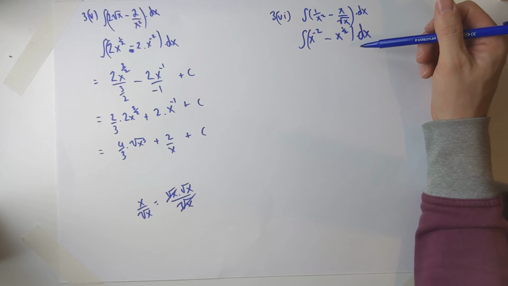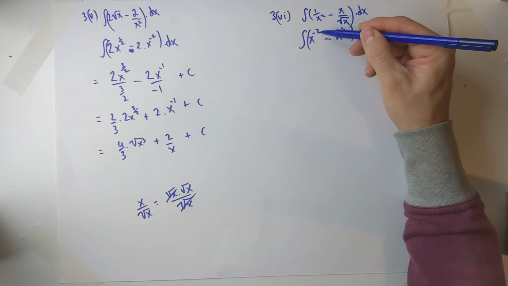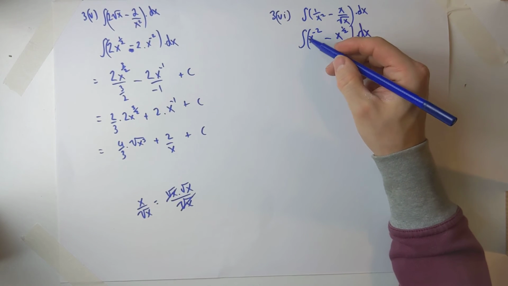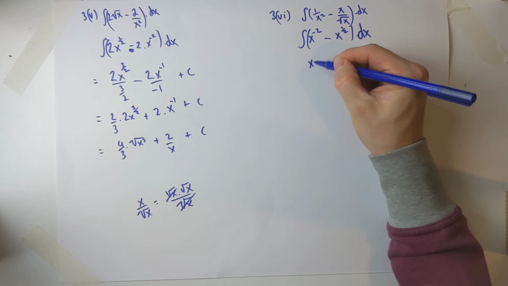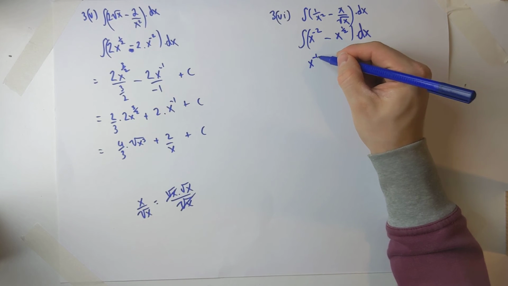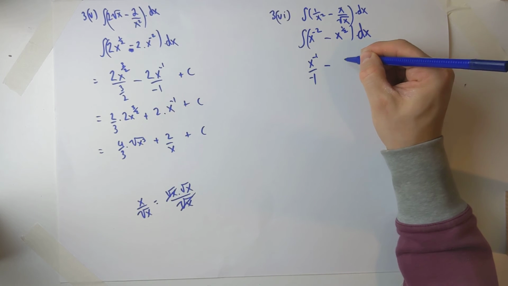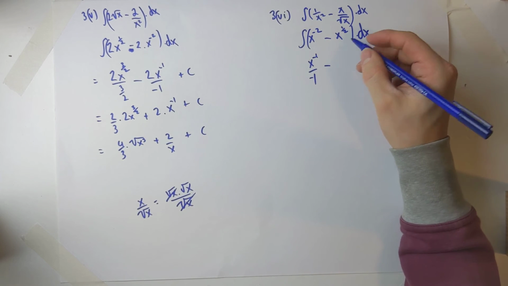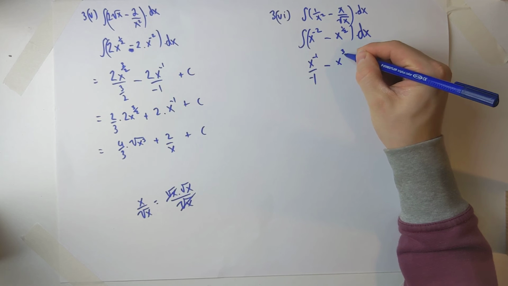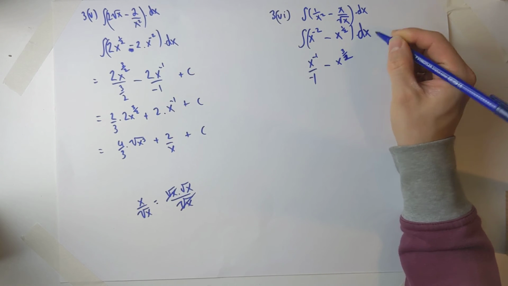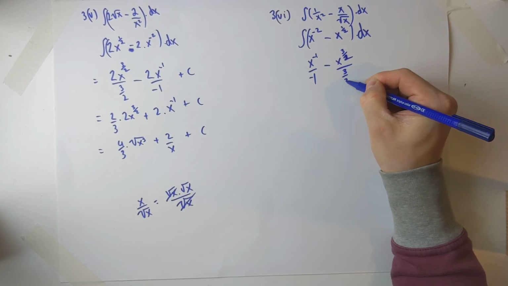So again, using your rule, you're going to increase the power by 1 and divide by your new power. So that becomes x to the power of minus 2 plus 1 is minus 1, divided by minus 1. And this x to the power of a half, you increase that, you get x to the power of 3 over 2, and then divide by 3 over 2.